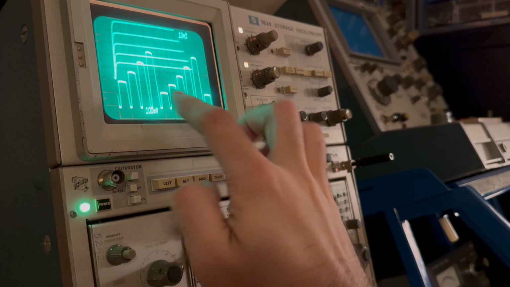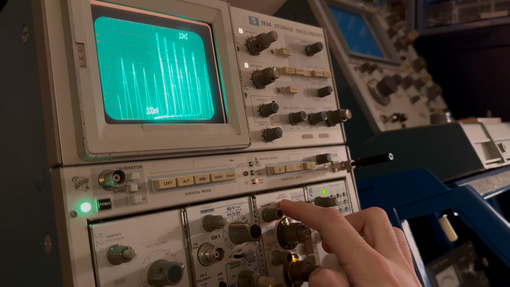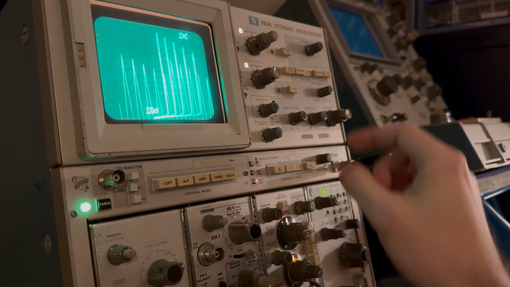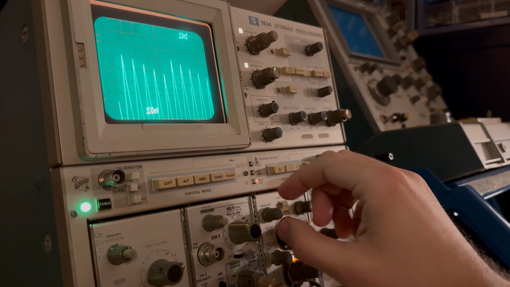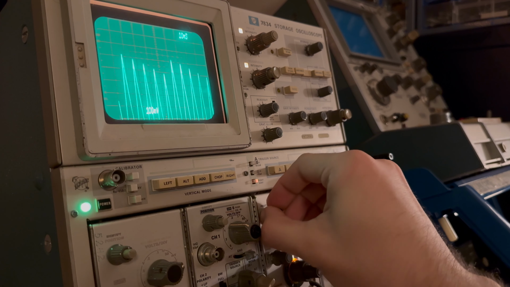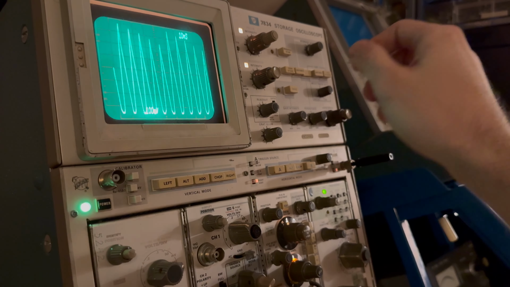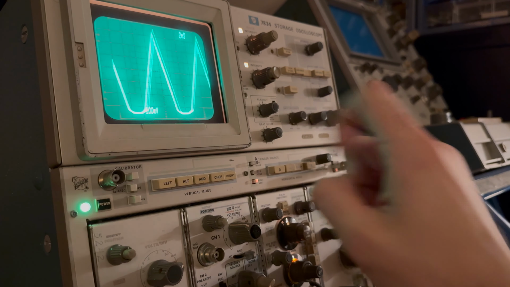This is just the vertical, so the collector sweep, and if I turn it the other way around, first of all, the characteristics are inverted, but if I hide this and move this a bit further up, which is this position knob, these are actually the transistor collector sweeps. So this is what the triangle looks like.